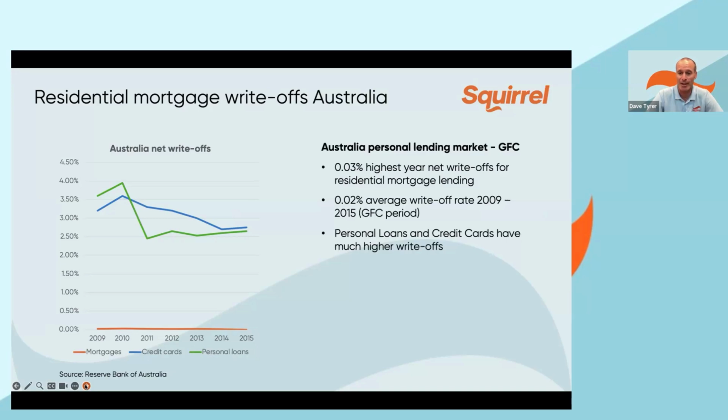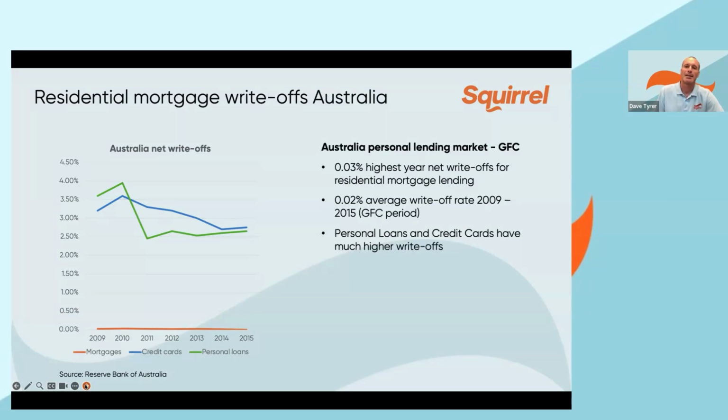The average write-off per annum was 0.02%, 2009 through 2015. On the graph, I've also shown personal loans and credit cards just to create perspective. You can see those types of loans have much higher write-off rates, and often why they have higher interest rates for you as a borrower, if that makes sense.